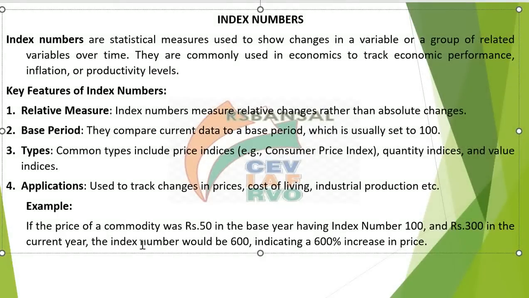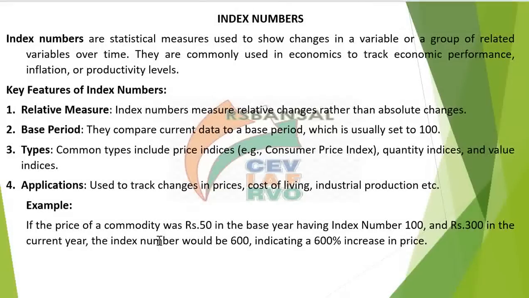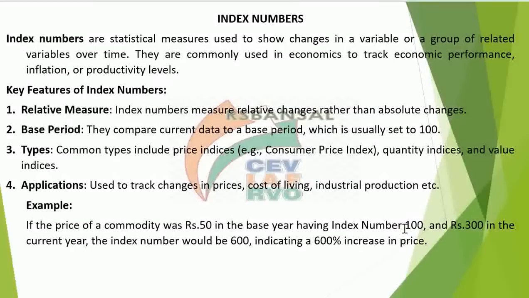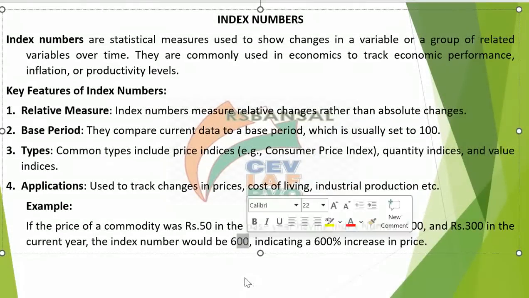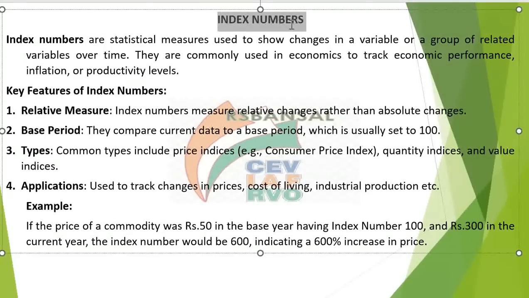So it means that the price of that commodity has increased by 600%. There is an increase of 600% in the price of that product. So the index number of the current year will be 600. Relative to the base, how many times the price of that commodity has increased, that will be the index number.